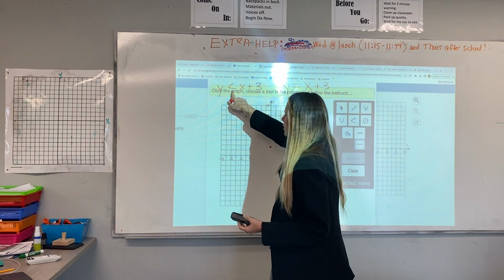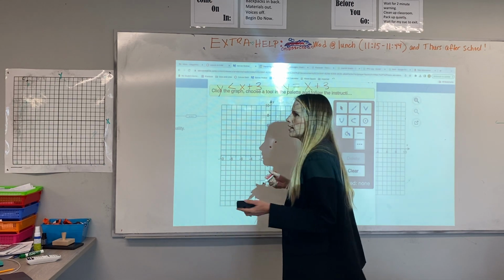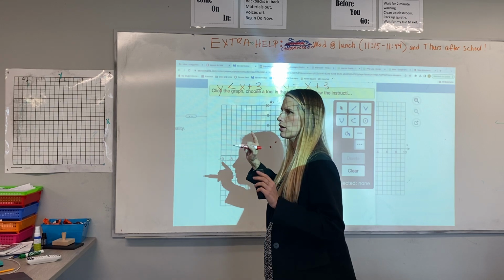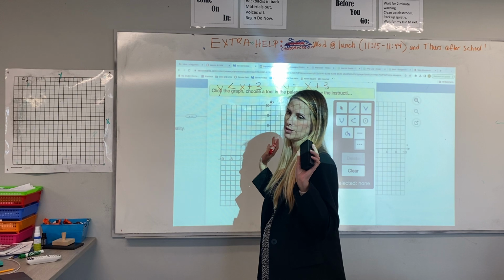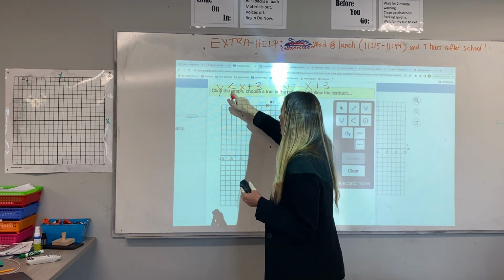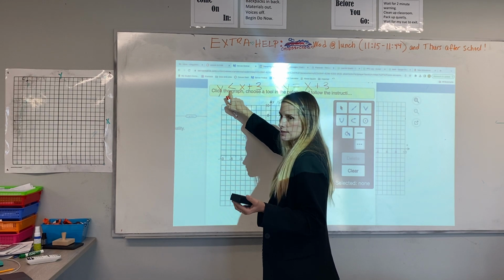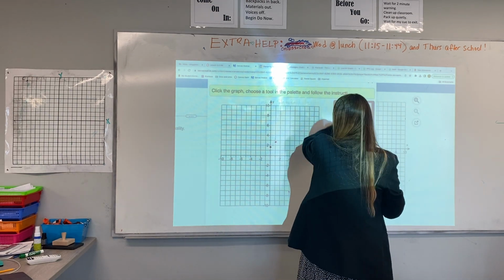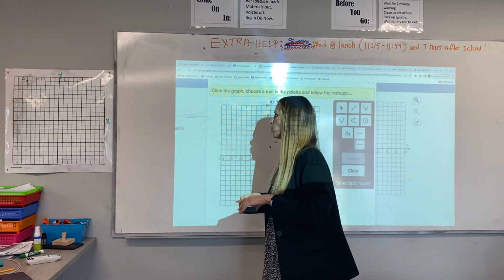Less than looks like a squished L. So when you said mine's going in the other direction, I don't want you to think of which direction it's going. I want you to think of, is it a less than symbol or a greater than? There are only two choices. Greater than means higher than, so we go above the line.